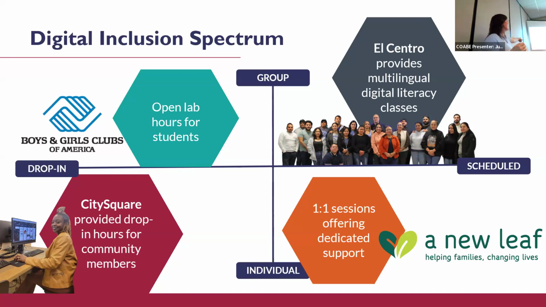City Square, and I want to note really fast, these are real photos from the sites. This is a user at City Square, now Stupa, here in Dallas, Texas. And they primarily serve unhoused populations, and they offer drop-in individual sessions because they only had one person on staff, and she was not just a digital navigator.